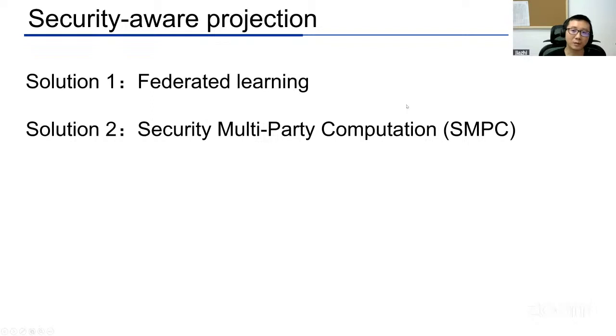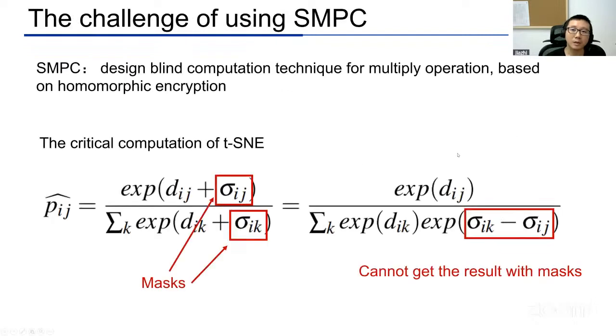The second solution we consider is secure multi-party computation. SMPC designed blind computation techniques for the multiply operation. However, it does not support the critical computation of t-SNE. It cannot get a result with masks.